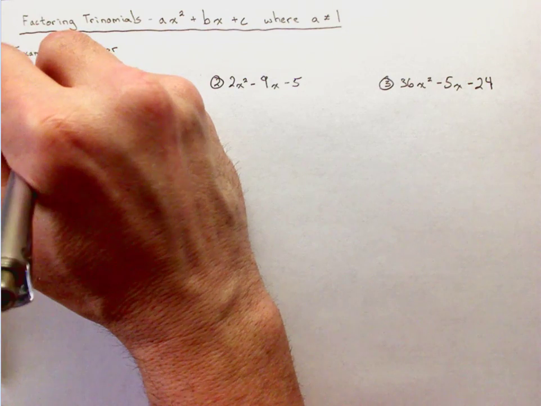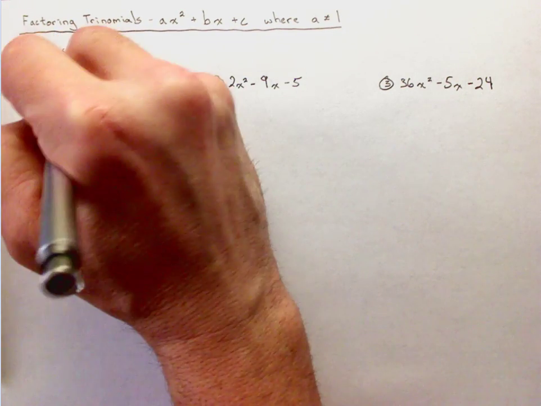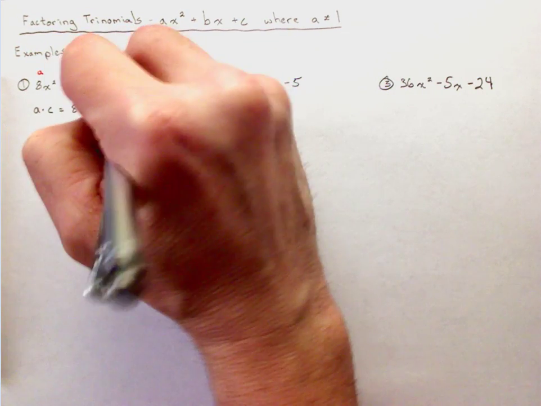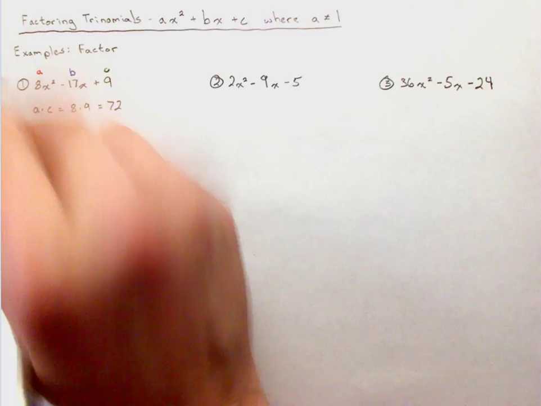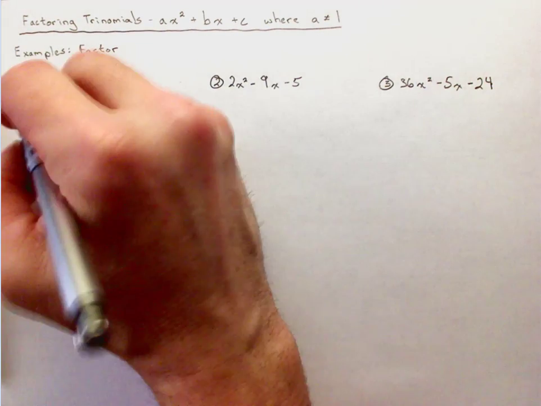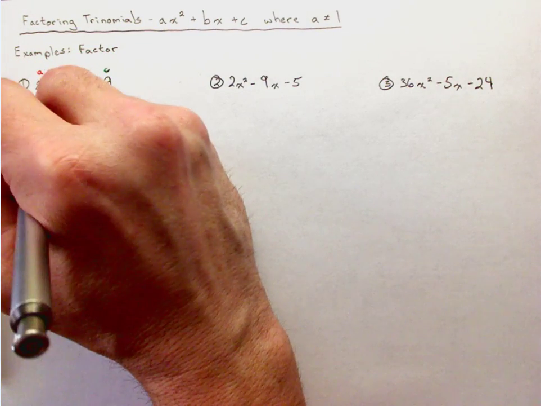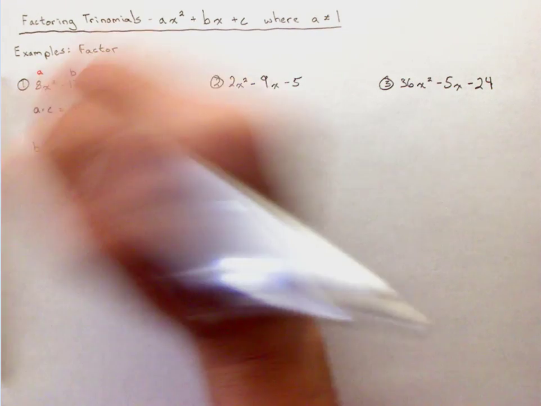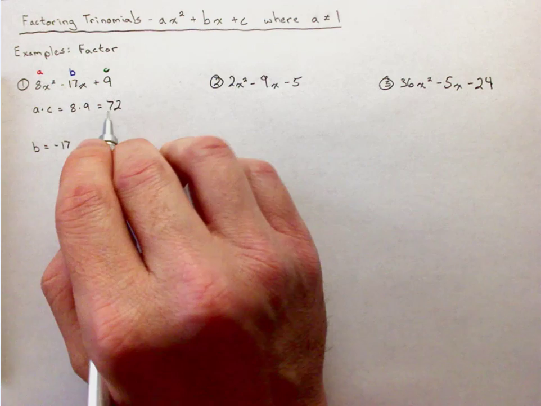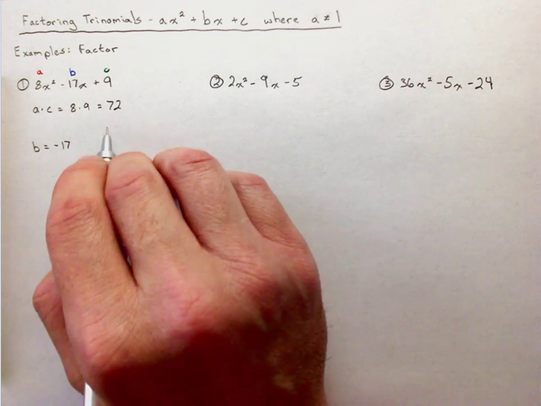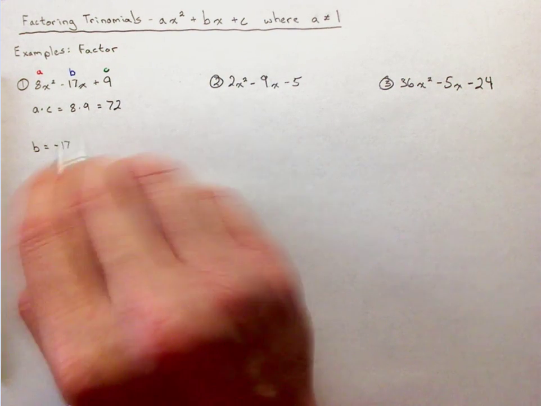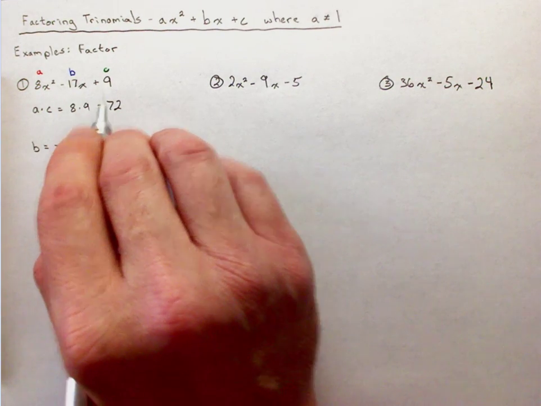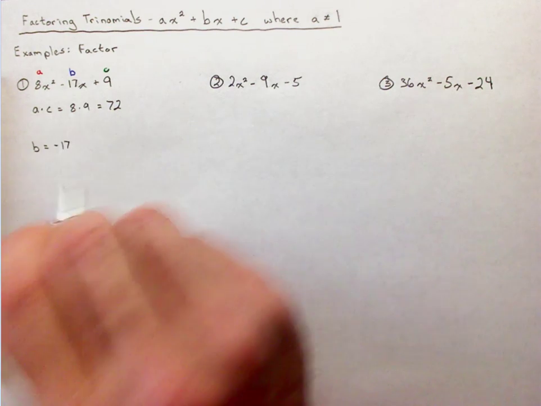I'm going to multiply a times c, which means I'm going to say 8 times 9, and that's 72. And then I need to find the factors of 72 that will add up to equal b, and b equals a negative 17. So the factors both need to be negative, because they need to add up to a negative answer, but when I multiply them together, they need to equal a positive 72.